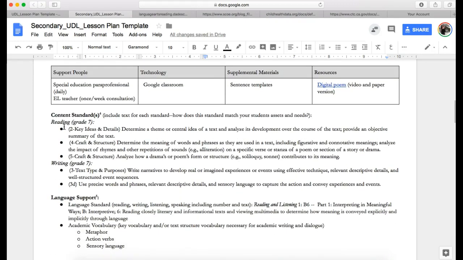All right, so the other thing we looked at was the support people. And in this class, we have a special education paraprofessional who is there daily, and also the EL teacher who once a week gives some sort of consultation. We're going to be using Google Classroom for the students during this particular reading and writing lesson today. We're also going to be using sentence templates to help students with the crafting of their sentences.